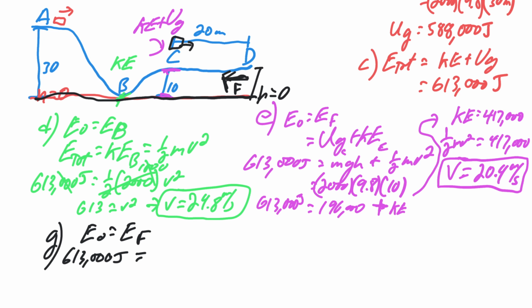And when we're at point D, we are still above the ground, right? We're still above that lowest point. So we would say, all right, 613 equals potential energy, because there's still some potential, plus whatever work is being done by friction. Some people actually would put that minus work of friction over on the other side.